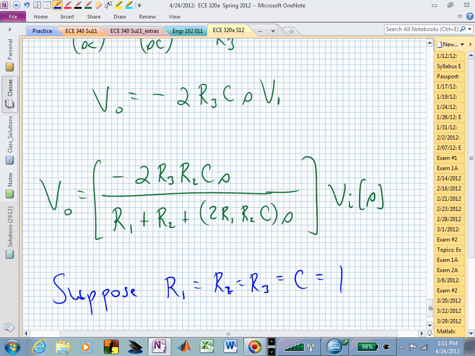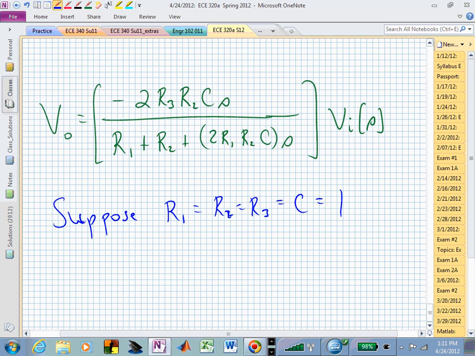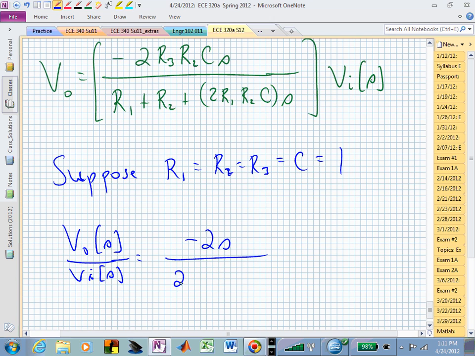If I now replace all of those R's and C's with 1, I now have V naught of S over V sub I of S equaling minus 2S over 2 plus 2S, or a transfer function that's minus S over S plus 1.